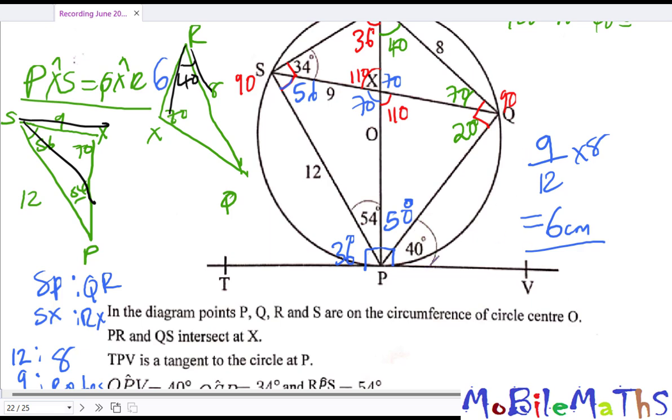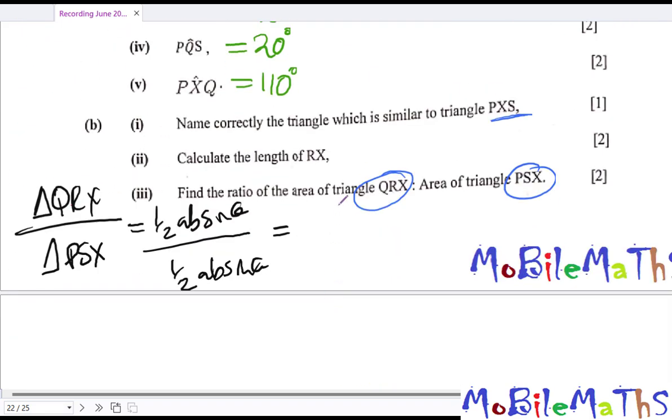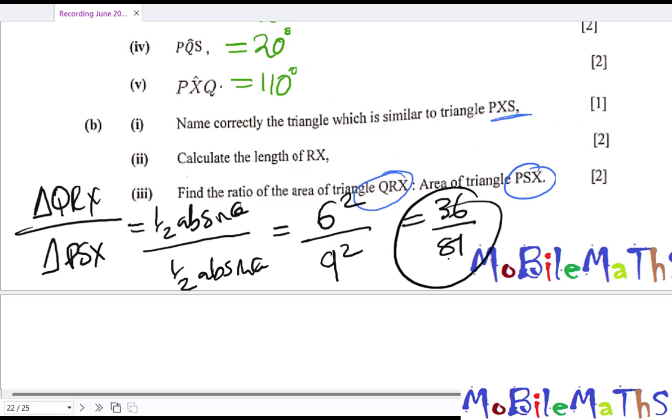Either I can use 6 over 9, or I can use 8 over 12. I'm going to use the one that is simpler, the 6. So using the idea of area, I'll say 6 centimeters, because it's area I'll square it, over the other one, which is 9 squared. I'll get 36 over 81. So that is the ratio. You can even simplify it.